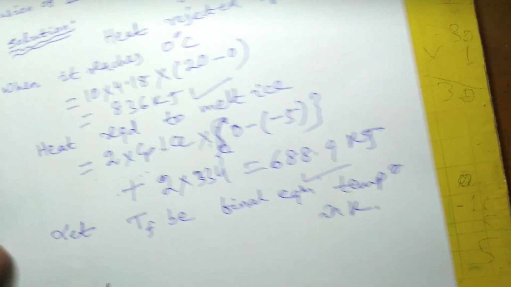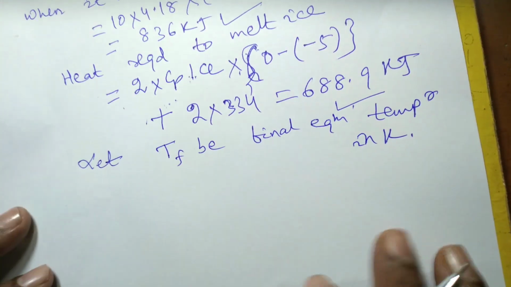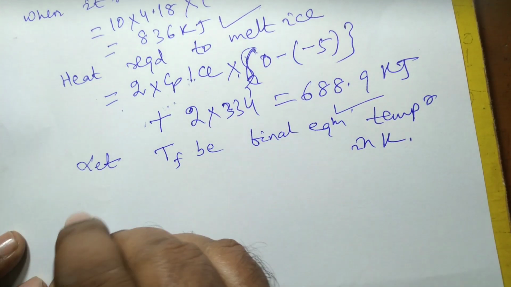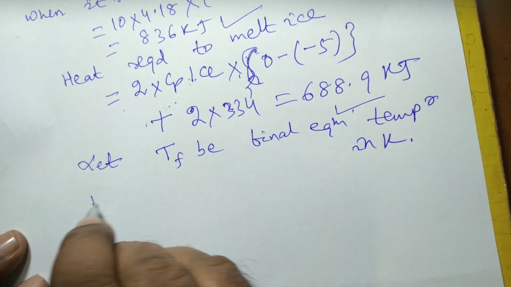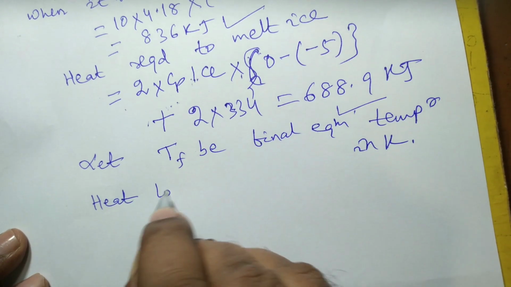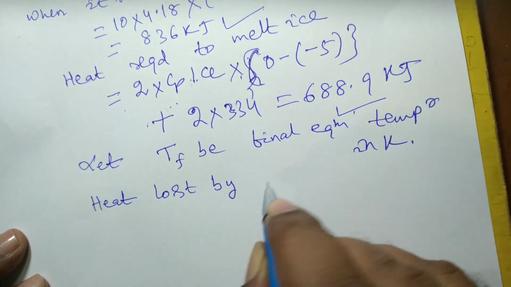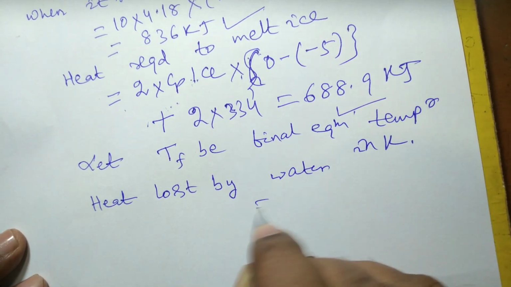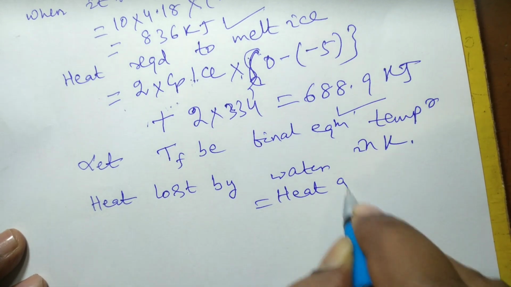Now we have to calculate the final equilibrium temperature by applying the equation that heat lost by water is equal to heat gained by ice.